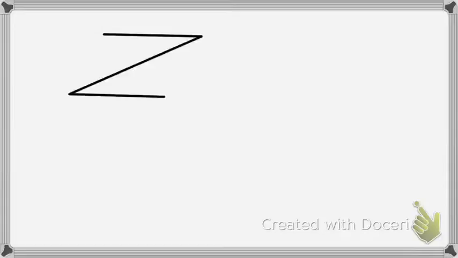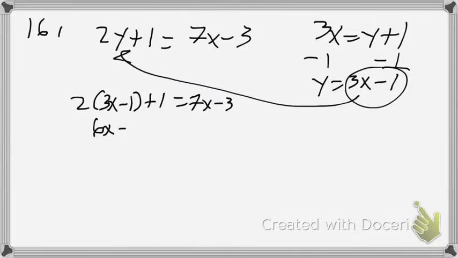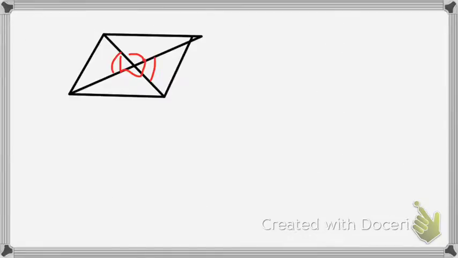So, on to number 17. We're trying to figure out whether or not we have enough information to determine whether or not that is a special quadrilateral and must be a parallelogram. Here all we have is that vertical angles are congruent.